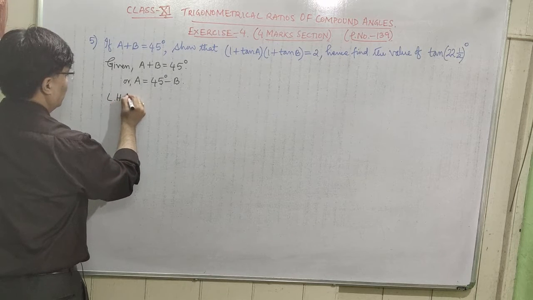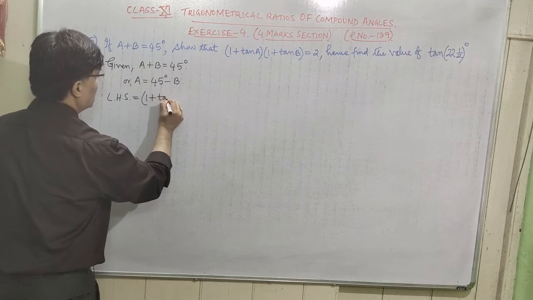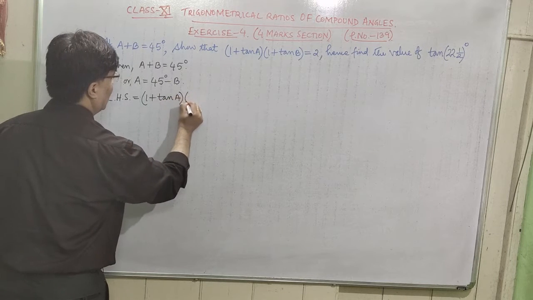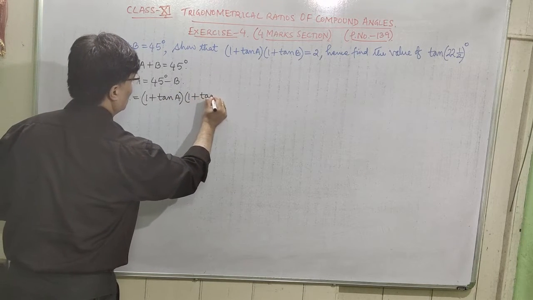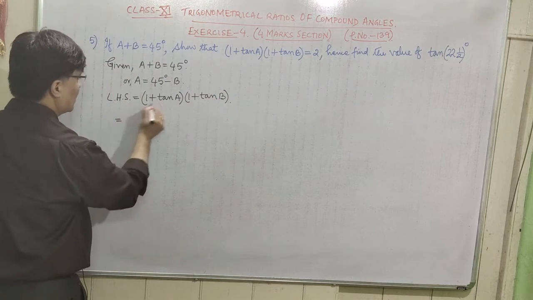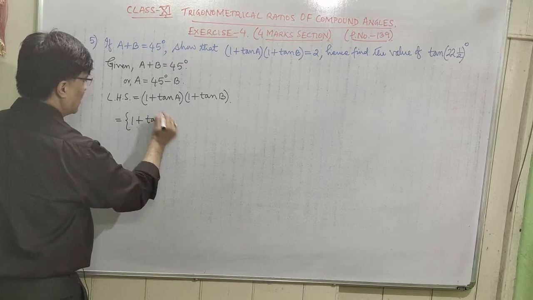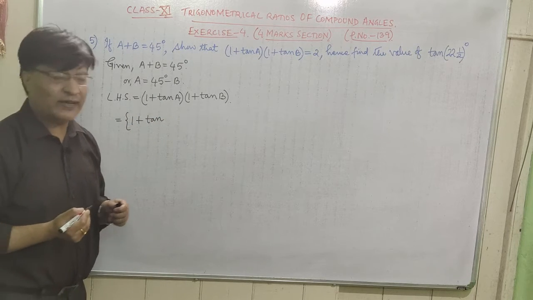Now LHS is equal to, what is LHS? 1 plus tan A into 1 plus tan B. Here you can put the value for A, 1 plus tan of, what is the value for A?